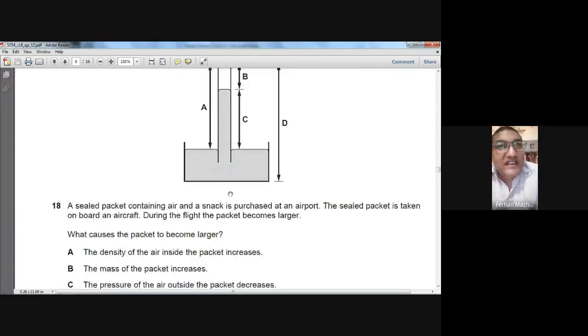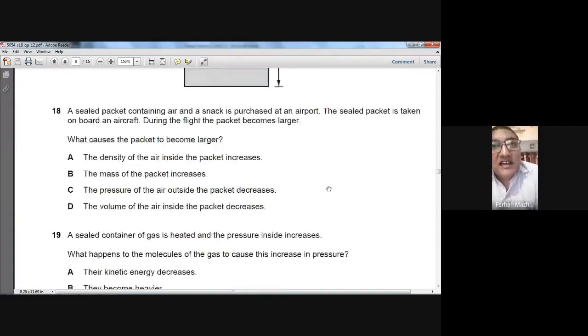On your screen, we have question 18. A sealed packet containing air and a snack is purchased at an airport. The sealed packet is taken on board an aircraft. During the flight, the packet becomes larger. What causes the packet to become larger?